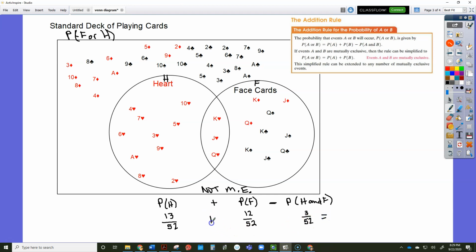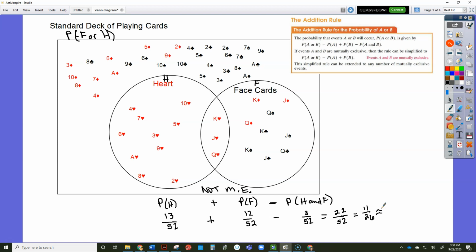And when I do 13 plus 12 minus 3, I end up with 22 over 52, which is the correct answer. Now I know that that simplifies down to what, 11 over 26? And 11 over 26 can be left as 11 over 26.